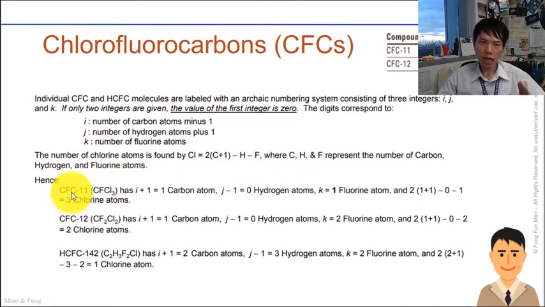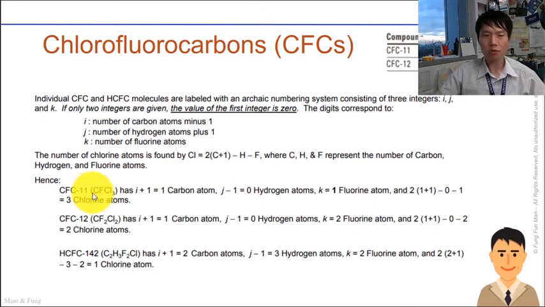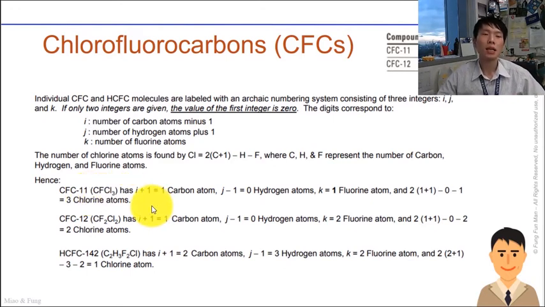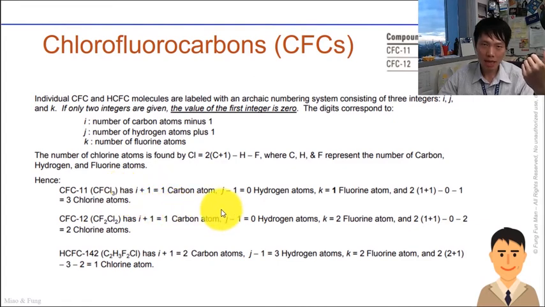Now let's look at CFC 11 here, the chlorofluorocarbon 11, which has a formula of CFCl3. So why is it so? Because how many carbon does it have? 1. So 1 minus 1, you get 0, right? For the number of hydrogen, how many are there? You have 0. What about K?